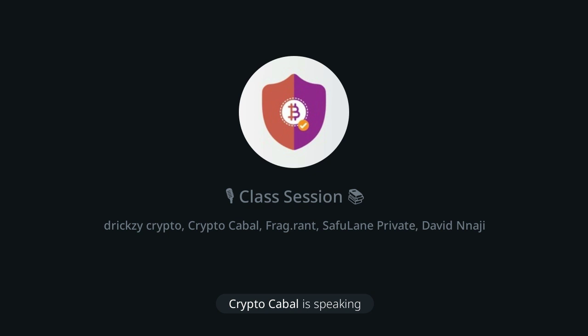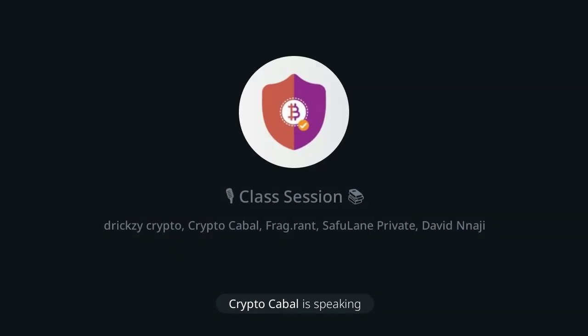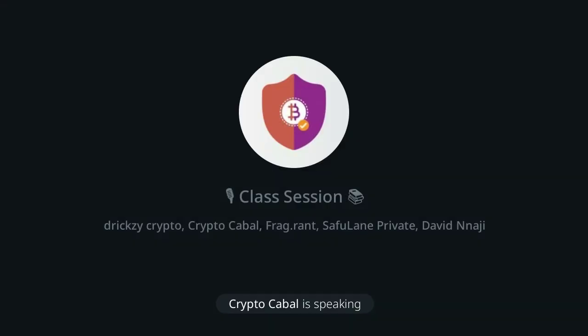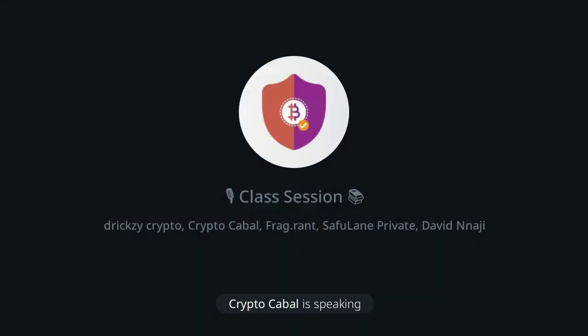On this particular futures on Binance, if you are longing BTC on this single mode, you can't short it at the same time. And that is what this single asset mode means.